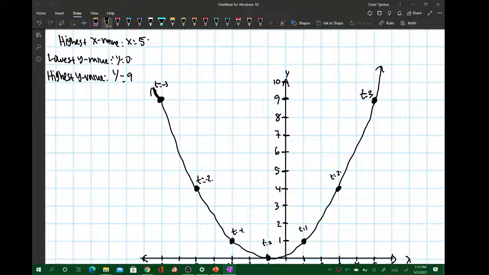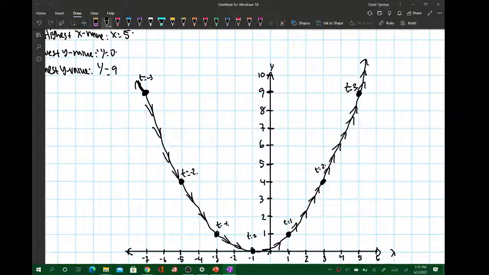So now, what does this mean? This means that we're going in this direction as we are tracing our graph, okay? And I don't think it matters how many arrows you put, just as long as you put the direction of the curve, because that means that as we're increasing the t value, we're going down and then we are going up, okay?